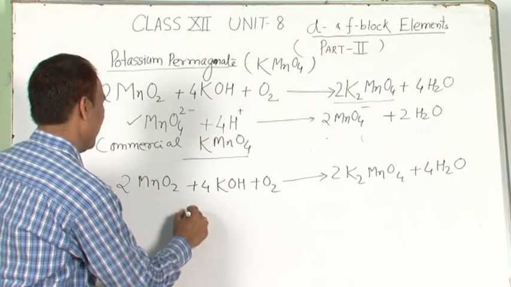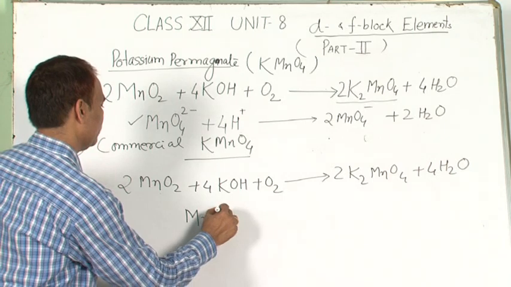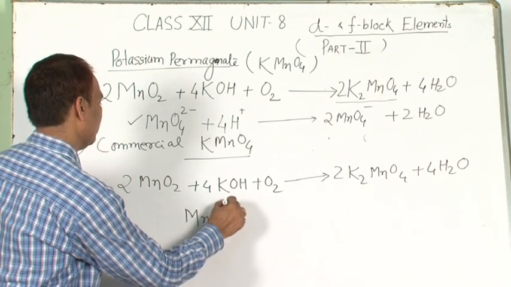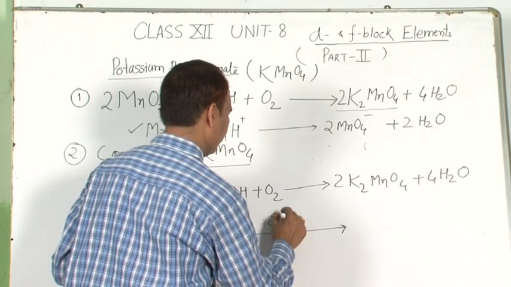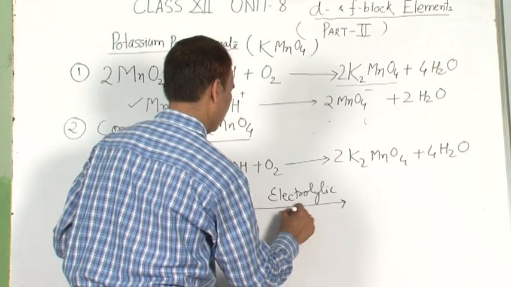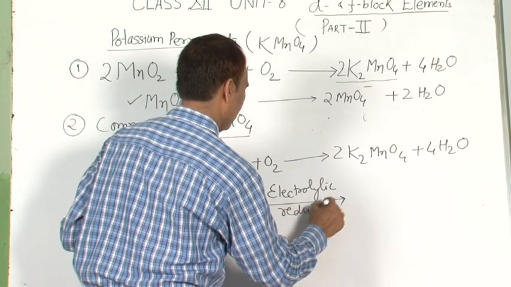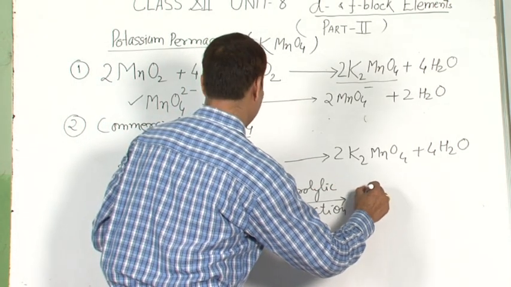Then the manganate ion is electrolyzed, that is, on electrolytic oxidation, it produces permanganate ion.